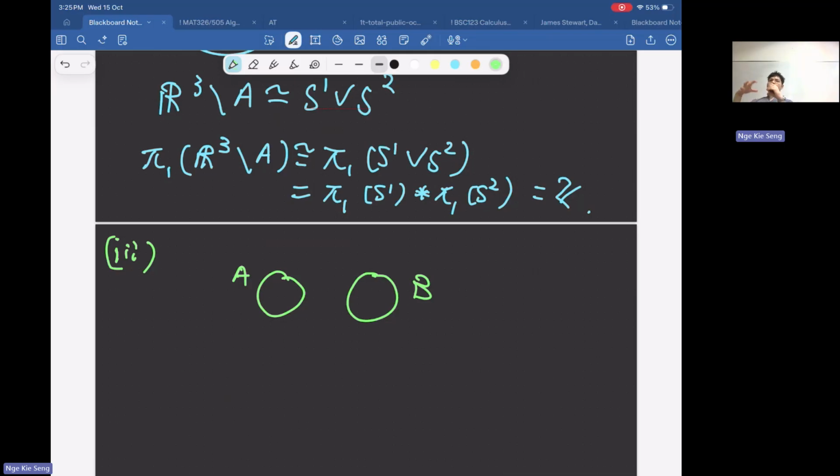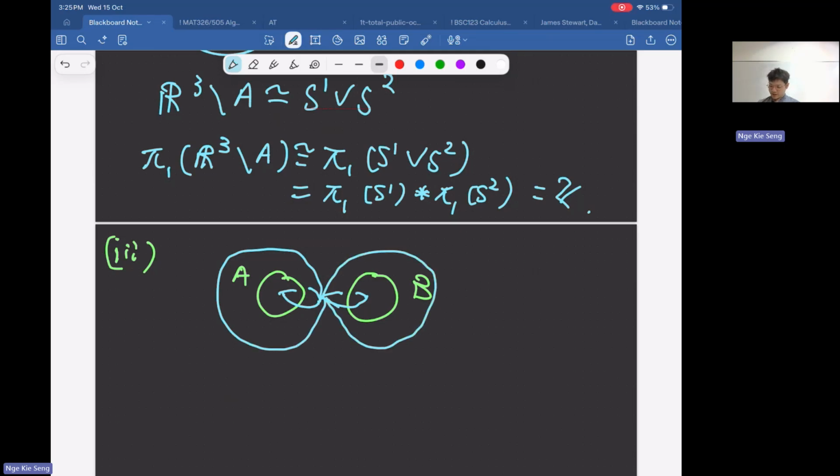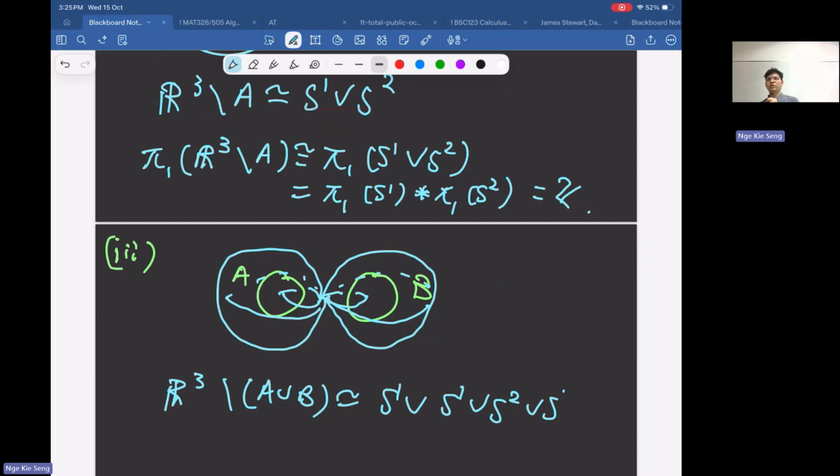You can think of your space deformation retracting to this, and then similarly all the rest will go into this big ball here. So in this case, what we get is R3 minus A union B is X1 wedge X1 wedge X2 wedge X2.